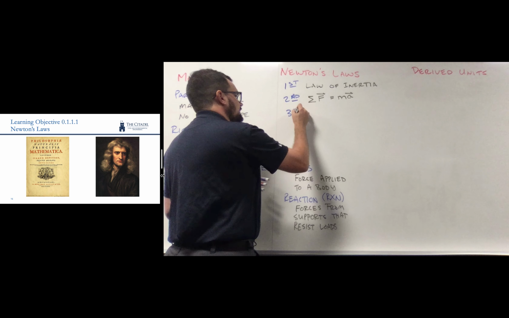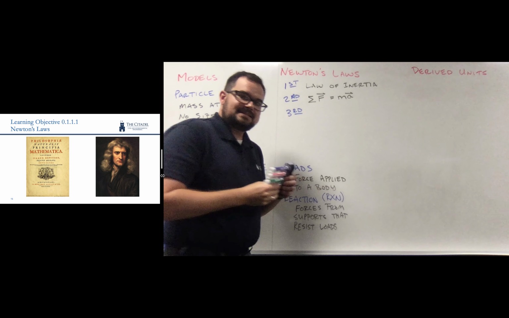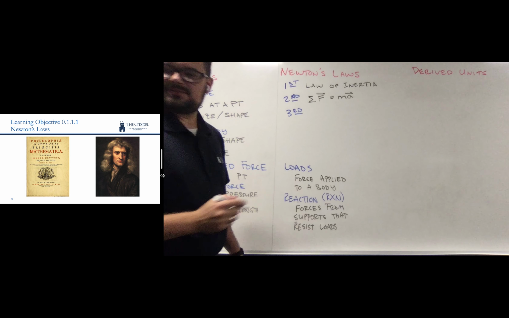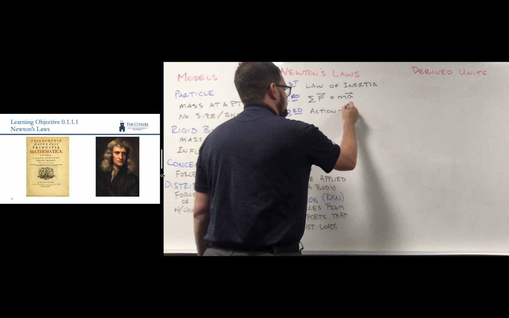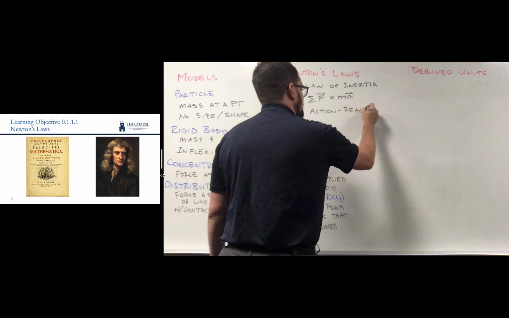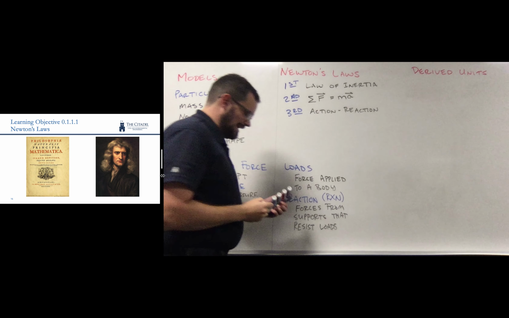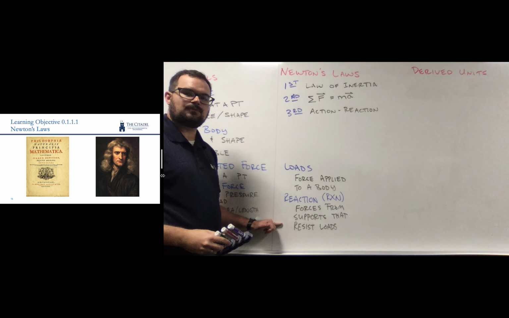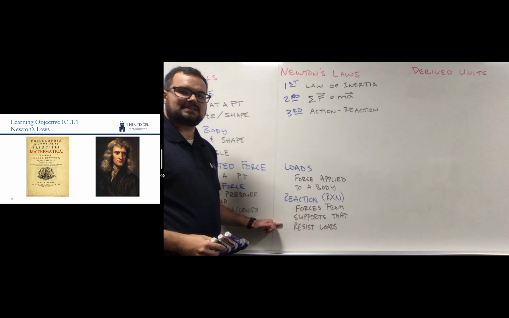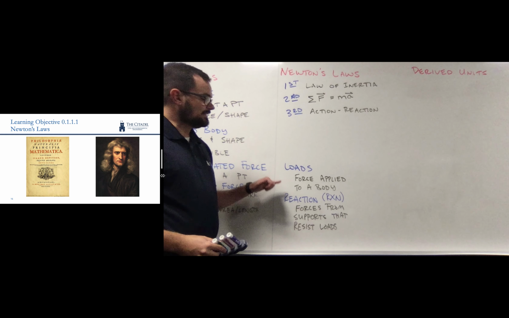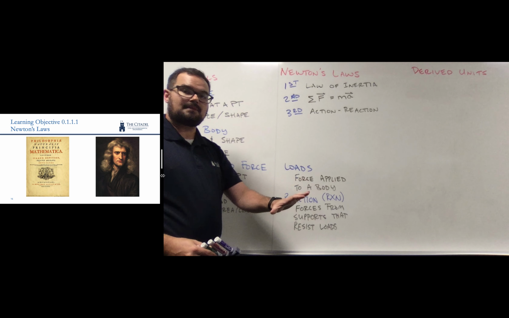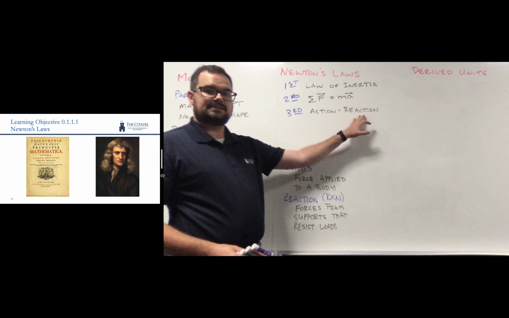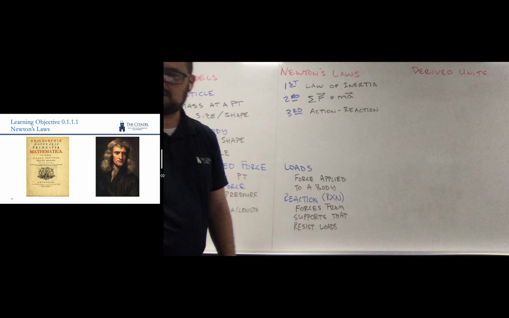Newton's third law says that for every action, there's an equal and opposite reaction. So we're going to have action, reaction. Now you'll notice we've actually already talked about actions or reactions down here, forces that support or resist loads. So loads, that's our action, something pushing on a body, and the reaction, something pushing back to keep it in place.